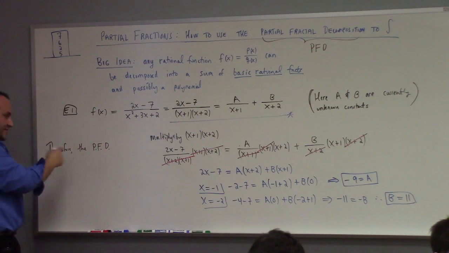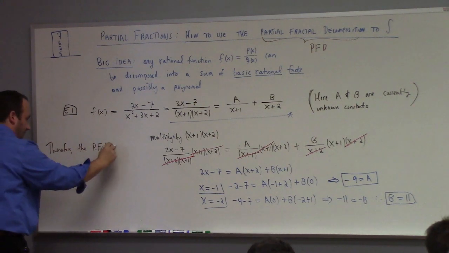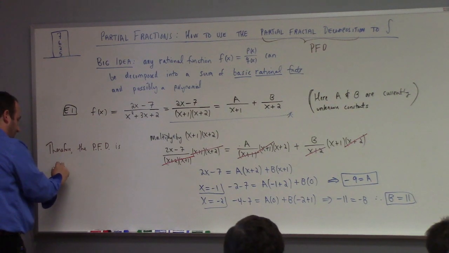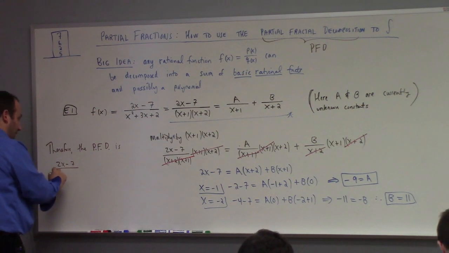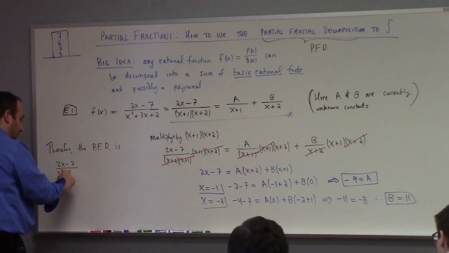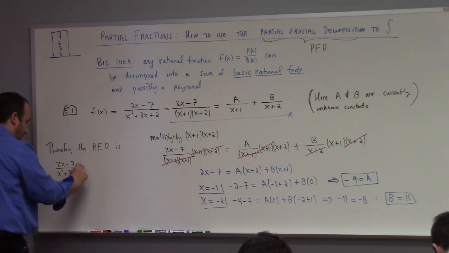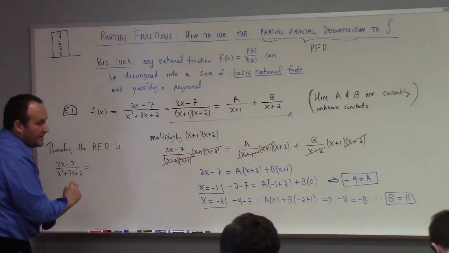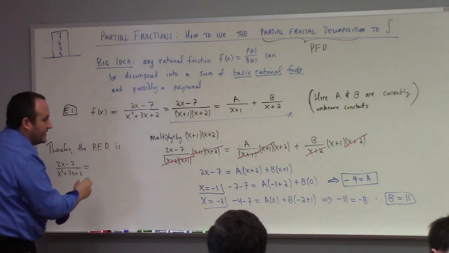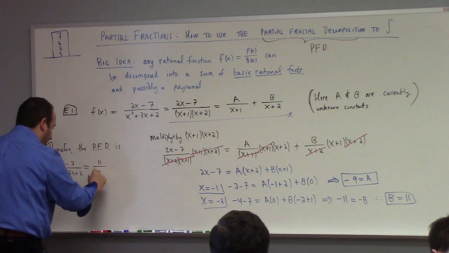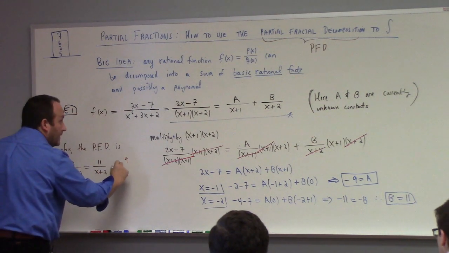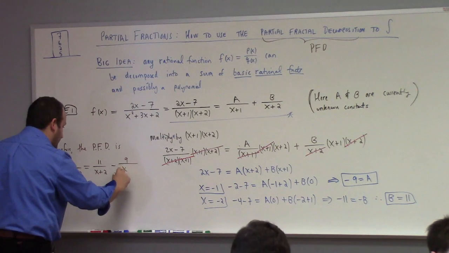So the partial fractions decomposition is, in particular, 2x minus 7 over x squared plus 3x plus 2 is equal to what? I'll write the B one first since it's positive. I got 11 over x plus 2 minus 9 over x plus 1.